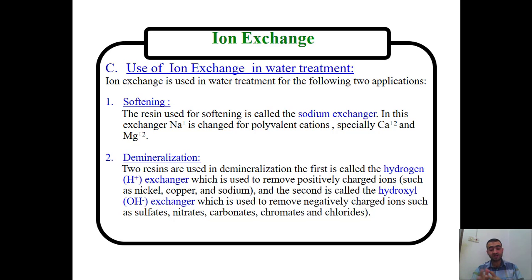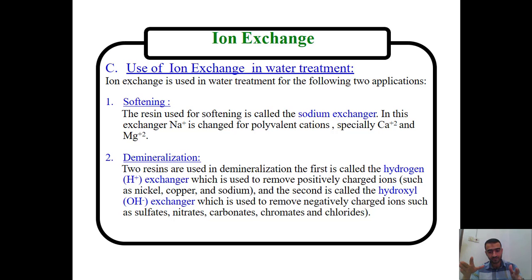The second type is called the hydroxyl exchanger. So we have the cationic exchanger, which is the hydrogen exchanger, and we have the anionic exchanger, which is the hydroxyl exchanger. This is also used to remove negatively charged ions like sulfates, nitrates, bicarbonates, chromates, and chloride.